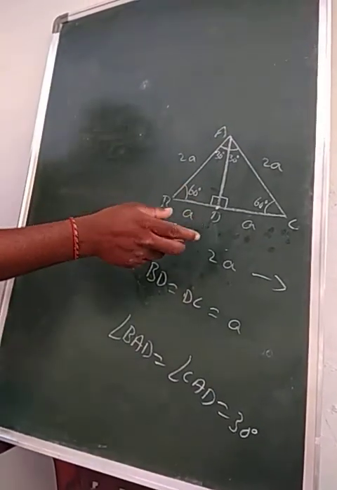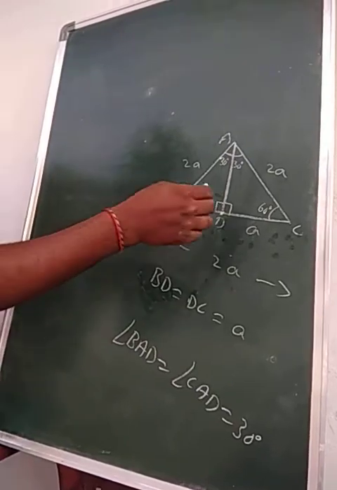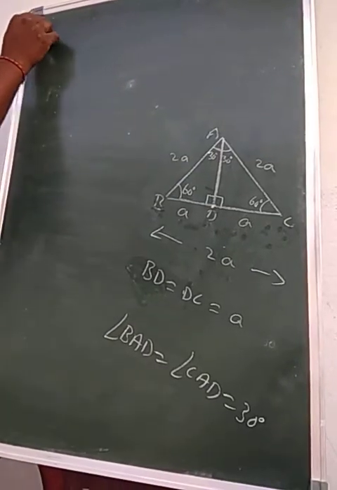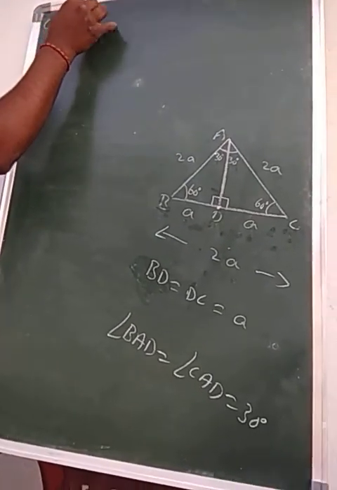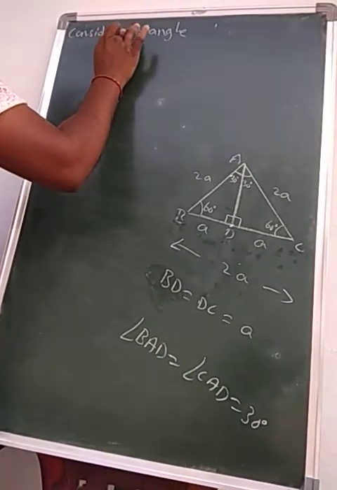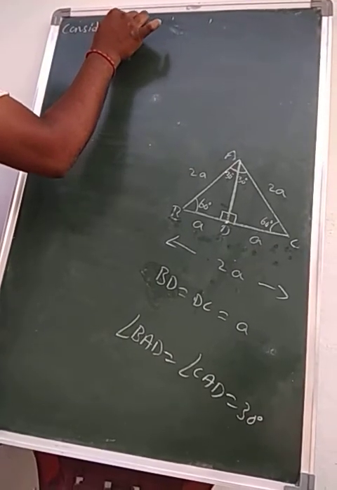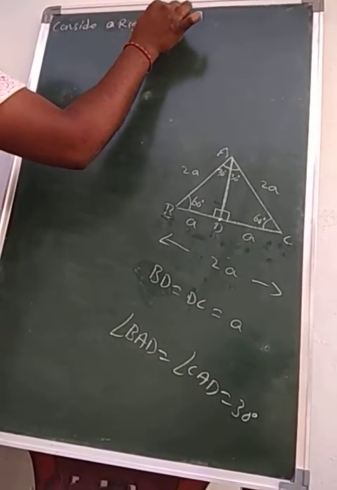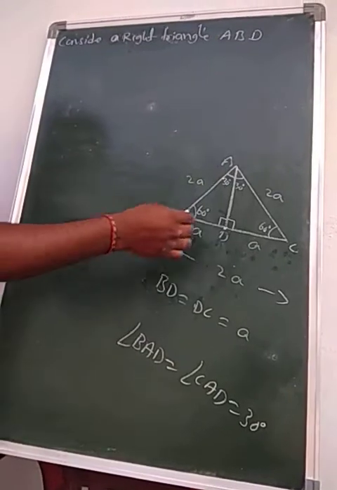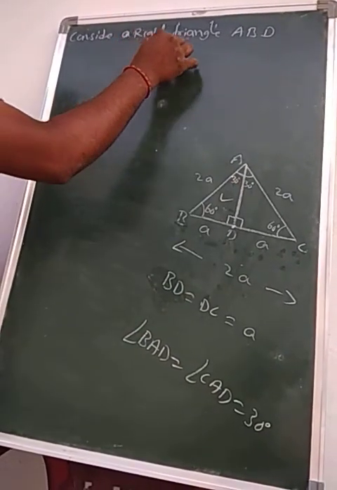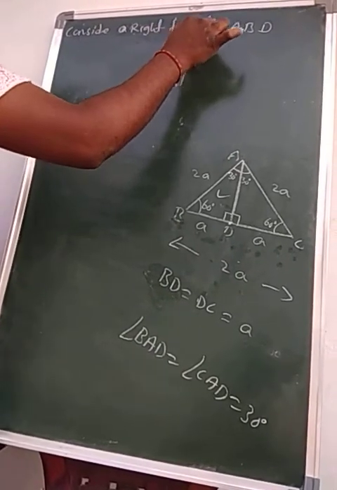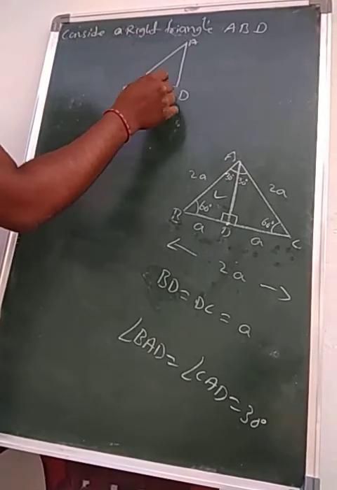Now consider a right triangle ABD. Okay, I am taking this triangle ABD.